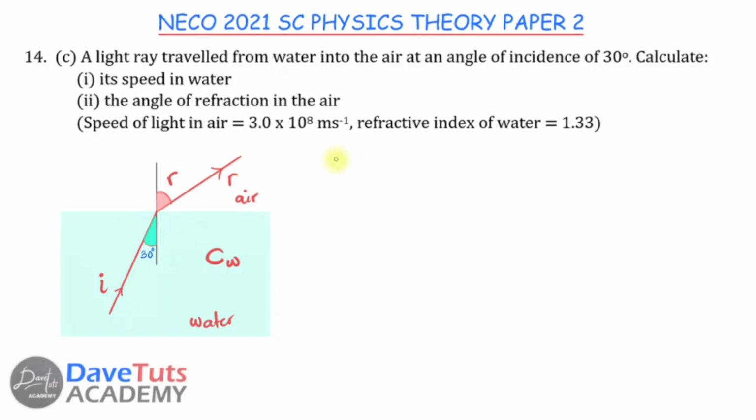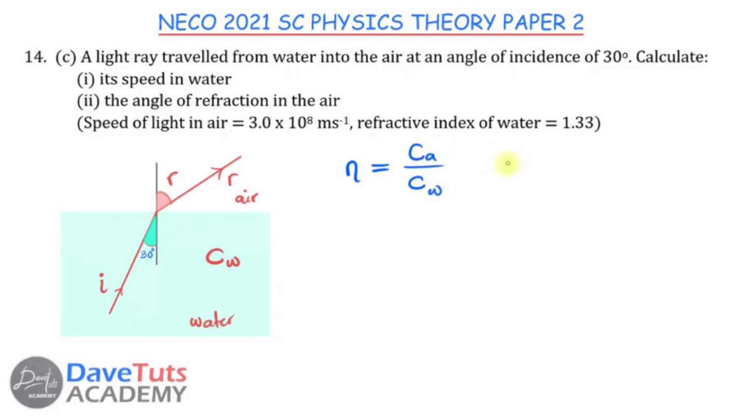As a rule of thumb, we should know that the refractive index is given as the ratio of the speed in air to the speed in the medium we are considering. Here, the medium is water. So the refractive index of water is the speed of the light ray in air over the speed of the light ray in water.